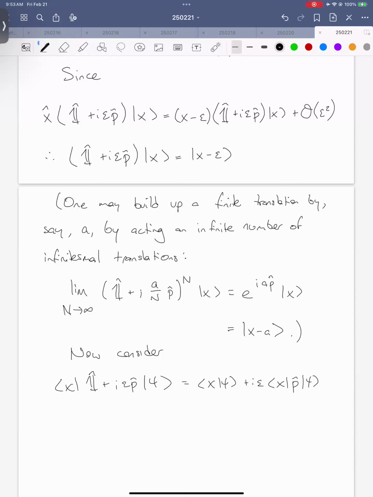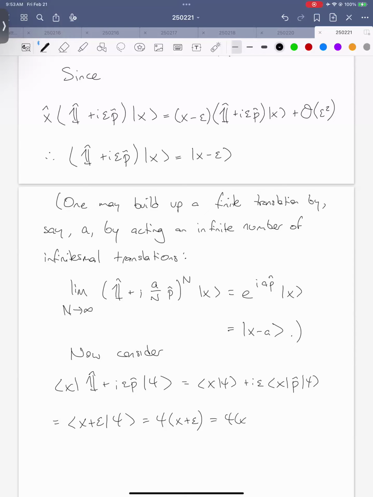But from what we just discussed, I also know that this left-hand side is the overlap of x plus epsilon with psi, which is, according to us, the wave function of the state psi evaluated at x plus epsilon. And any function of some stuff, I can always Taylor expand.